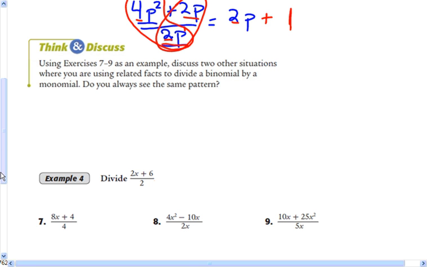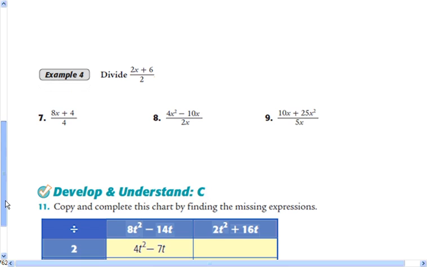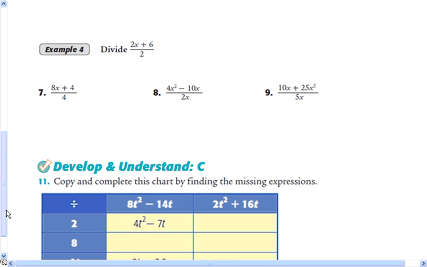All right, so we're going to do a couple examples here, and then I think I'm going to let you do the rest. So we want to divide 2x plus 6 by 2. So we want to think of 2 times what number is equal to 2x plus 6. And so thinking of the distributive property, 2 times what equals 2x, and that would be not 2, that would be x. So our first part of our binomial is x.